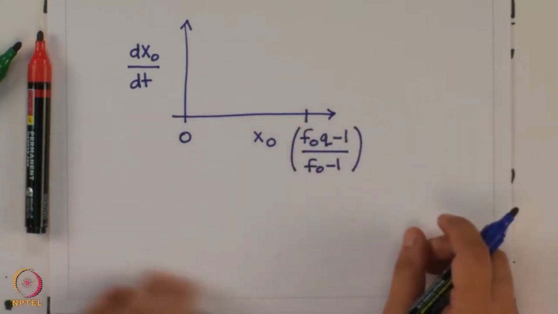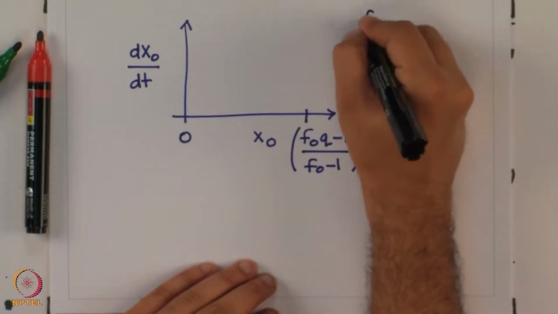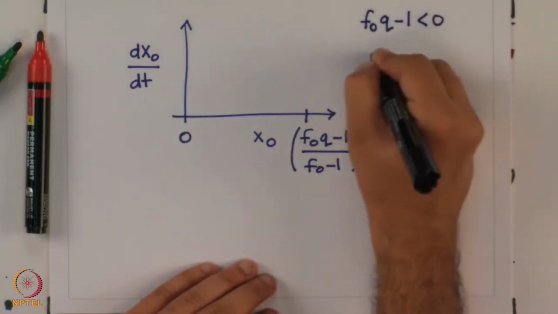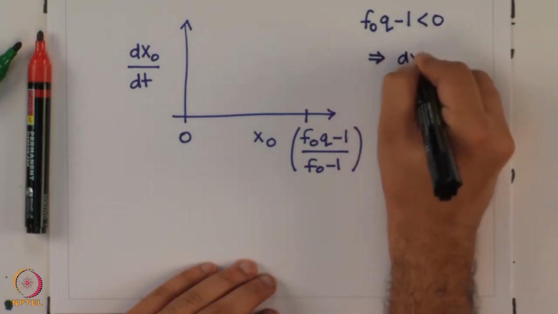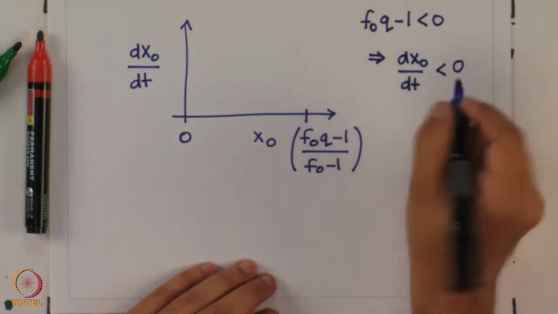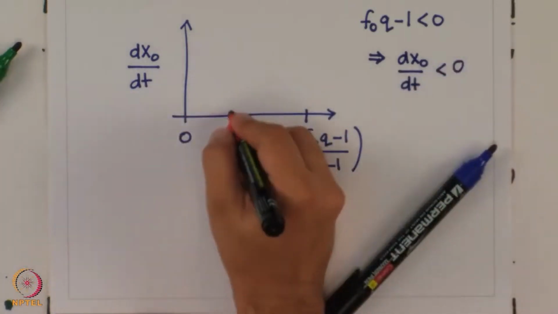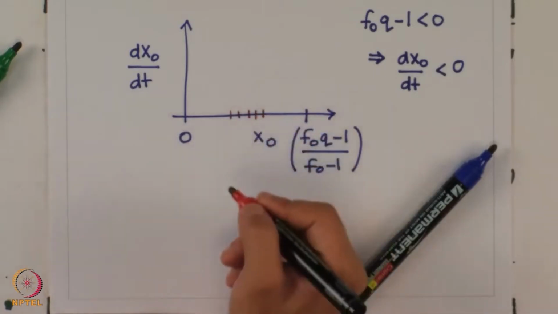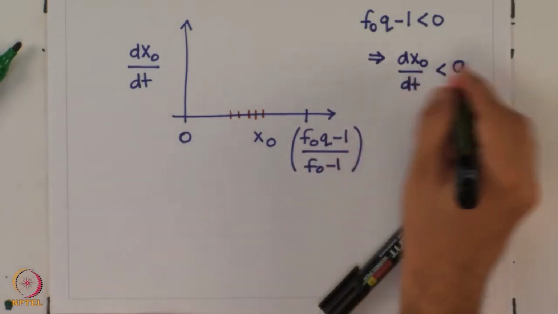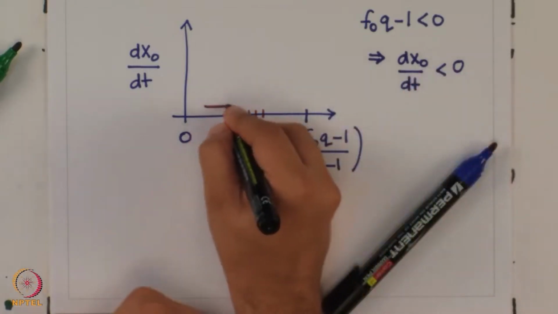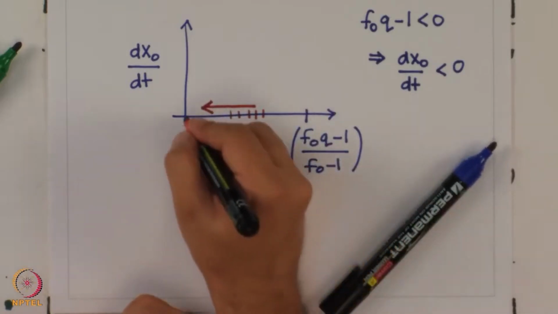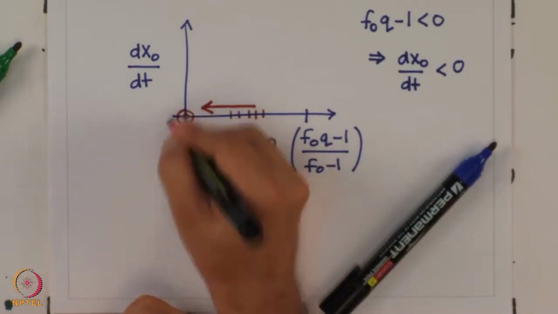What this result tells us is that as long as f naught q minus 1 is less than 0, dx naught by dt is less than 0, which means you could be anywhere, you could have any value of x naught. As time increases, x naught decreases because dx naught by dt is less than 0, and hence the population moves in this direction, and it only stops as x naught approaches 0.